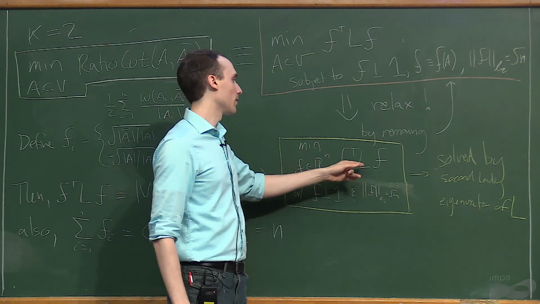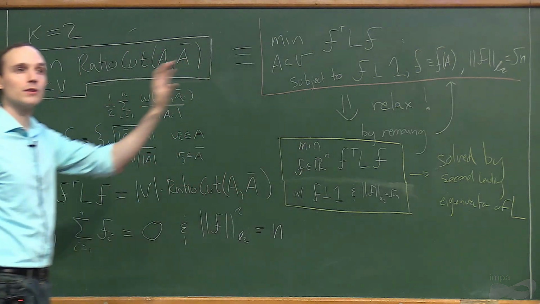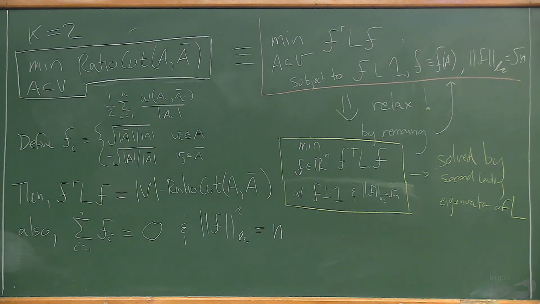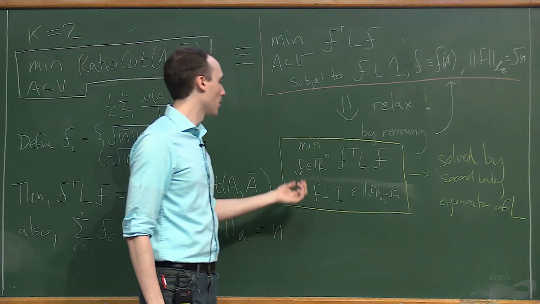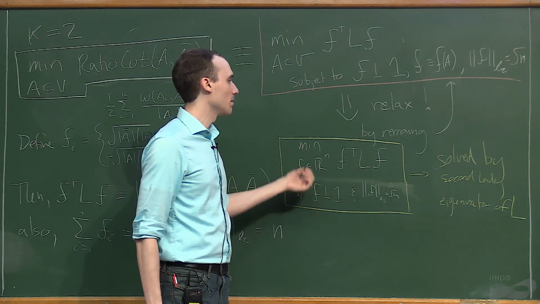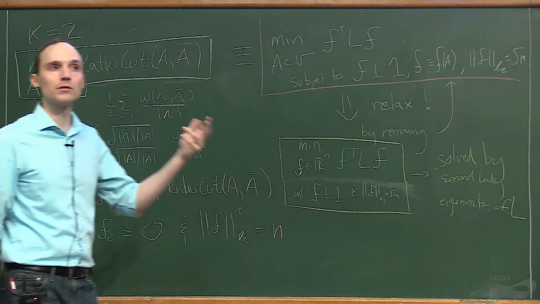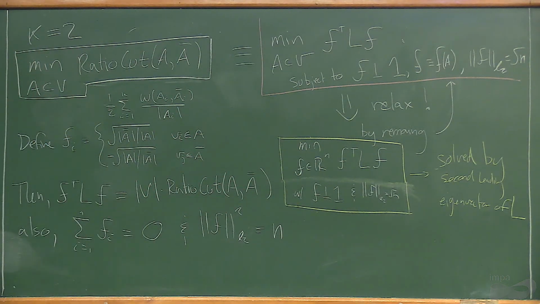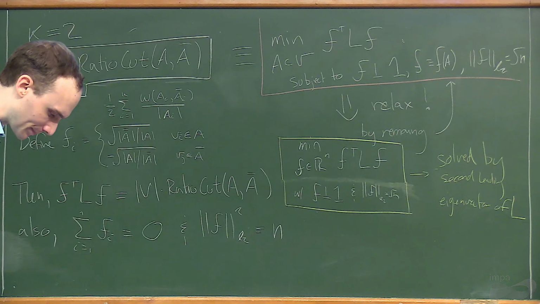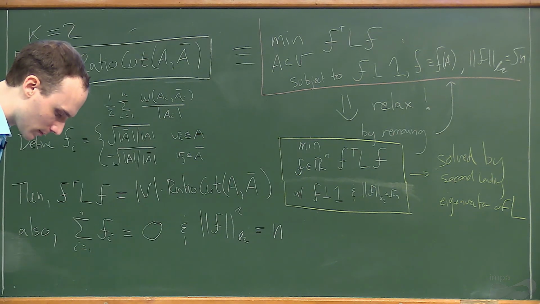Now, we'll end up with a trace of a matrix product, and we can still use the same tools from linear algebra to deduce that the corresponding vectors that minimize this expression are eigenvectors for the Laplacian that we're working with in general.